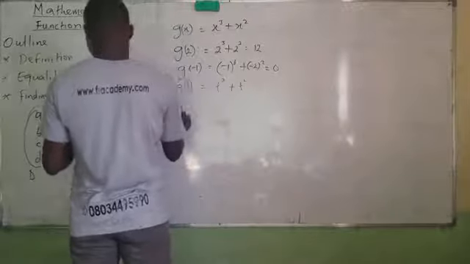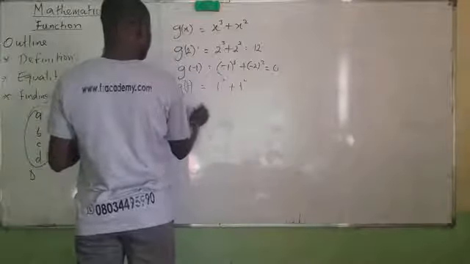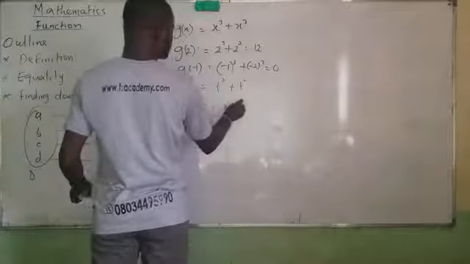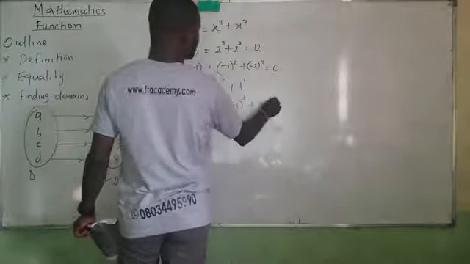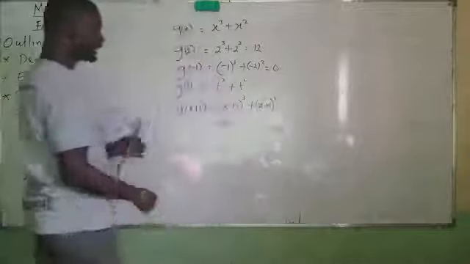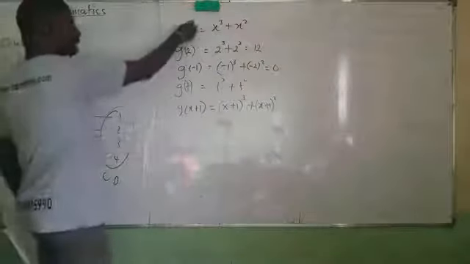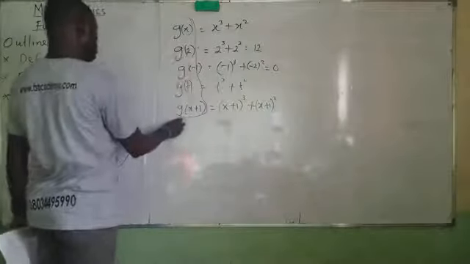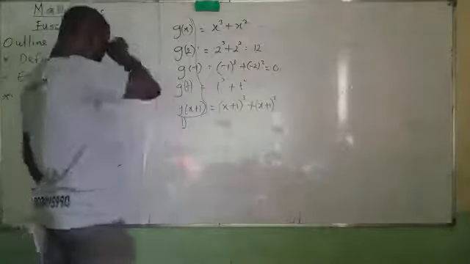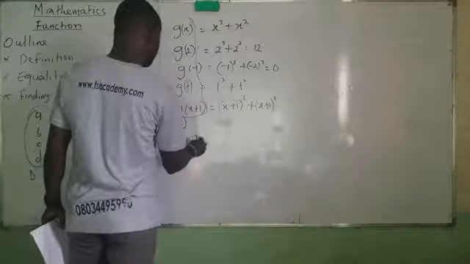And g of s plus 1 will also be equal to s plus 1, all cubed, plus s plus 1, all squared. Now, take note of this. Everything you are having here is known as the domain, which you can also call the input.